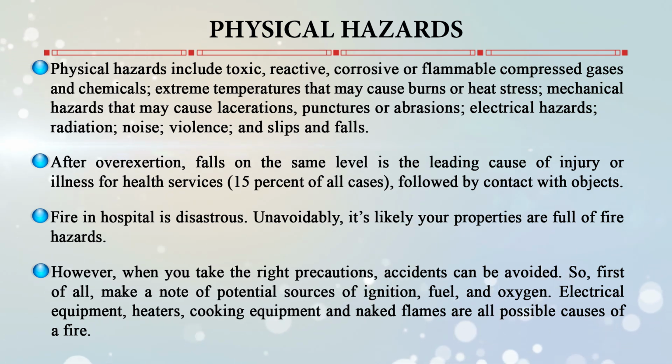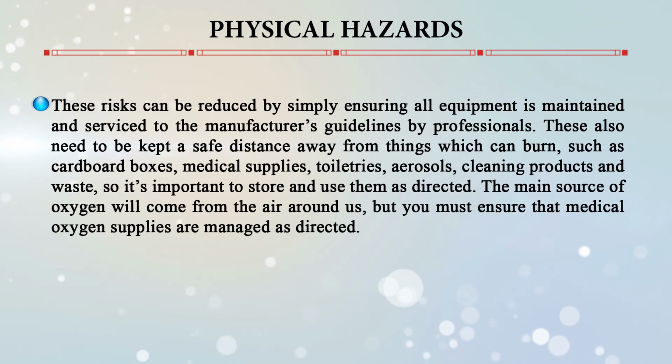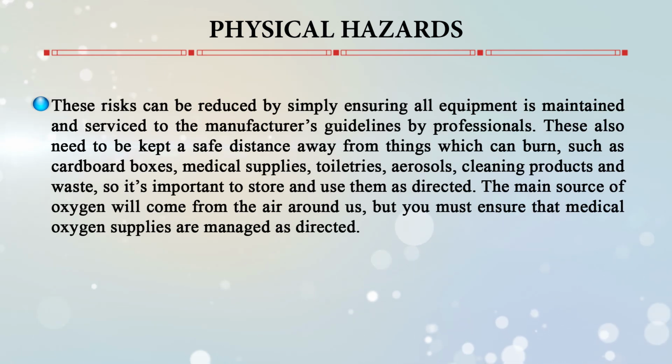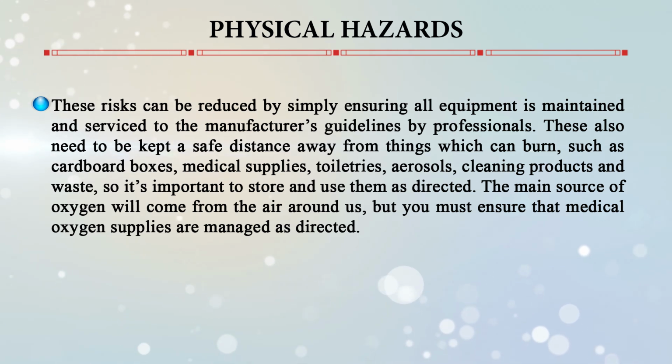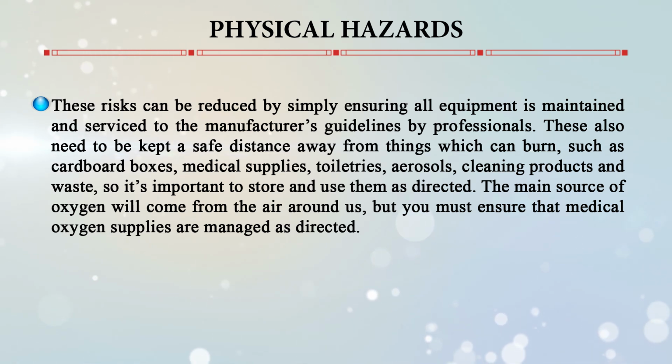So, first of all, make a note of potential sources of ignition, fuel and then oxygen. Electrical equipment, heaters, cooking equipment and naked flames are all possible causes of a fire. These risks can be reduced by simply ensuring all equipment is maintained and serviced to the manufacturer's guidelines by professionals.